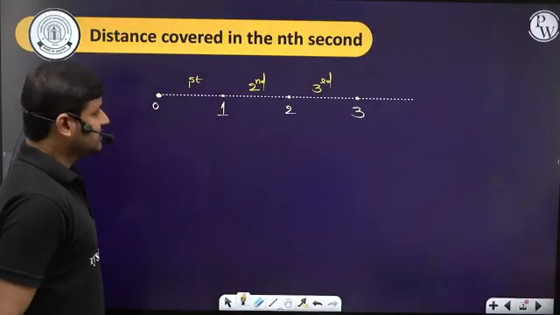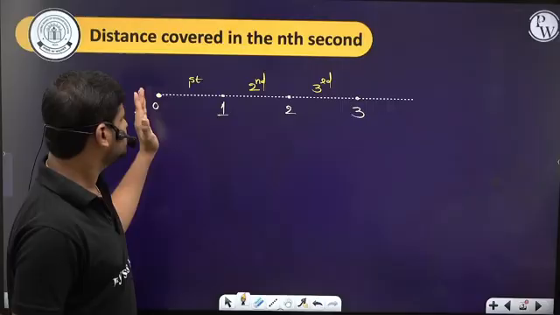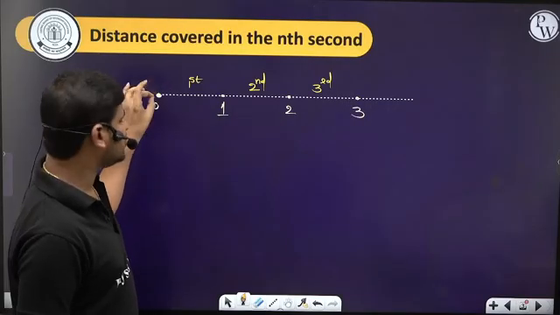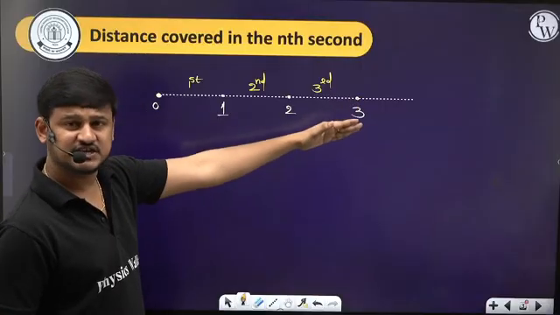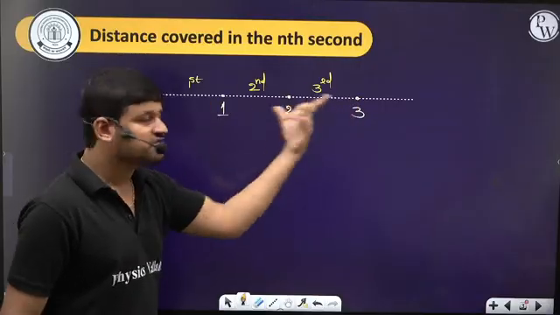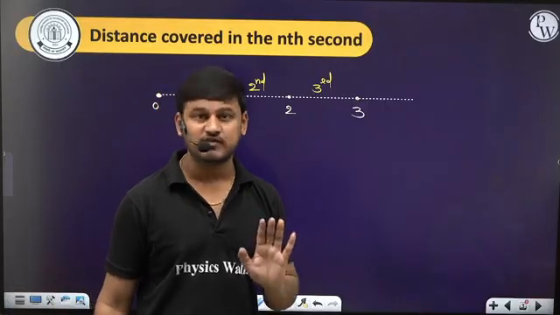If I say the distance traveled in 3 seconds, then what will you do? Let's suppose the body has started from rest, u is equal to 0. Let's suppose some acceleration is given, and the time is equal to 3 seconds. You will substitute it in the S is equal to ut plus half at square formula.